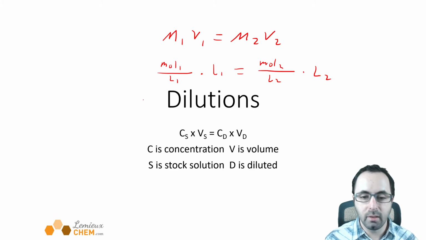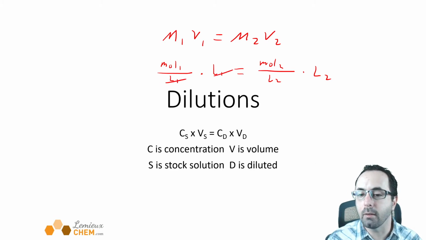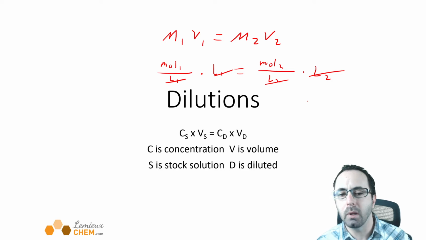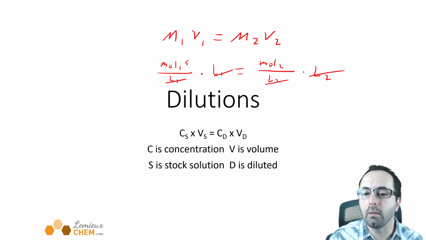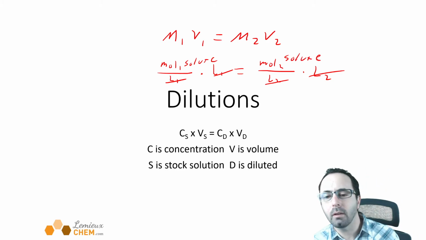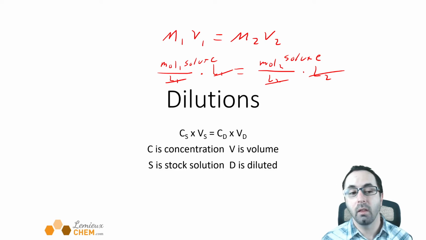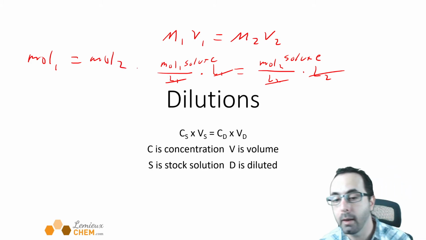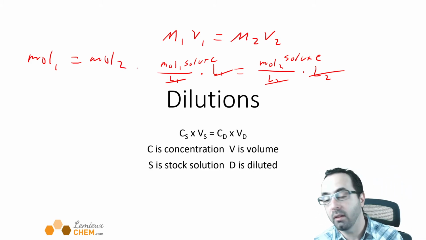Well, in these cases, the liters parts cancel, and we get moles 1 equals moles 2. And that is true because this is moles specifically of solute. Moles of solute, moles of solute. And so if you're just adding solvent to the solution, the moles of solute doesn't change. So moles 1 does equal moles 2, right? And so that's why this works.